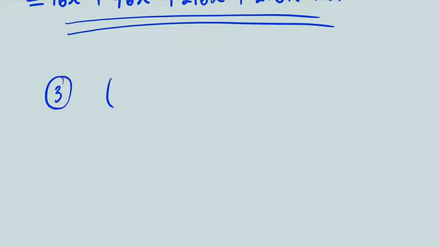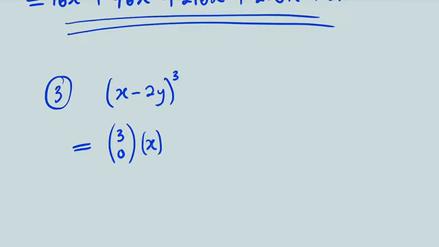Suppose we wish to expand maybe x minus 2y to the power of 3. This is equal to 3 combination 0, a, which is x, to the power of n minus 0, that is 3 minus 0 is 3, then multiply by also negative 2y, which is our second term, raised to the power of 0.